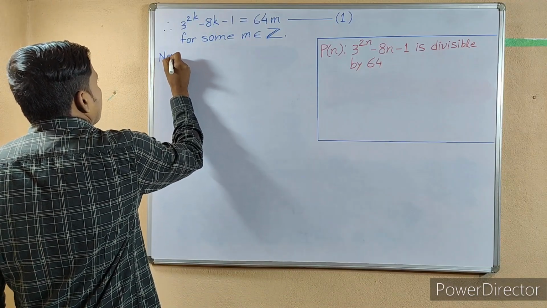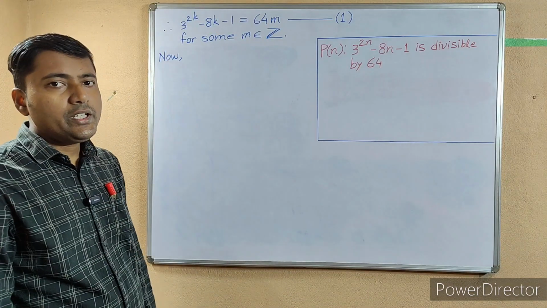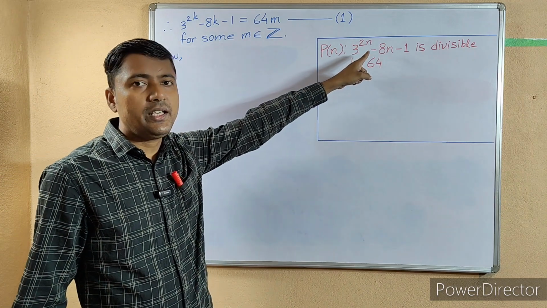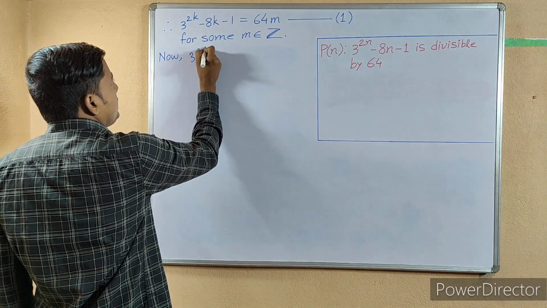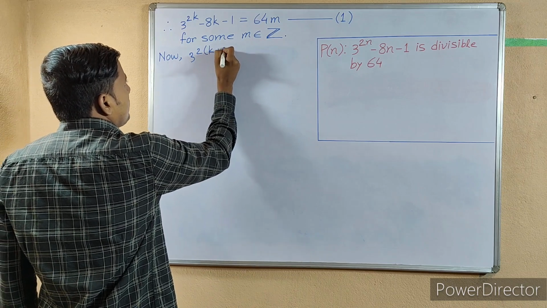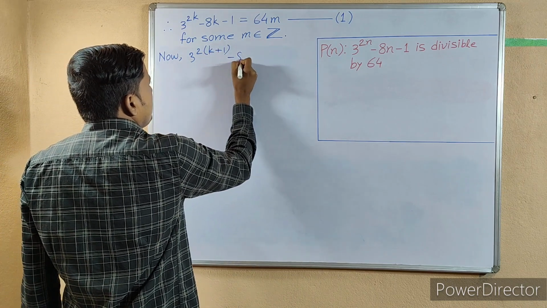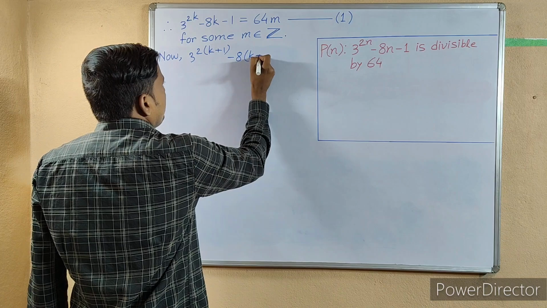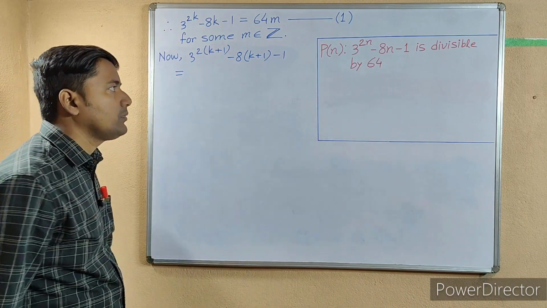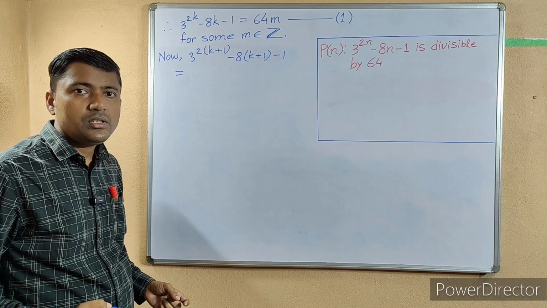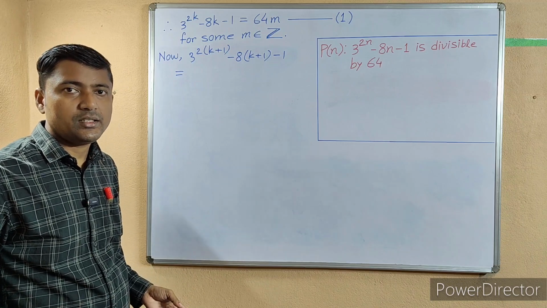Now putting n equal to k plus 1 here, we get 3 to the power 2 into k plus 1 minus 8 into k plus 1 minus 1. We are going to use the principle of mathematical induction.